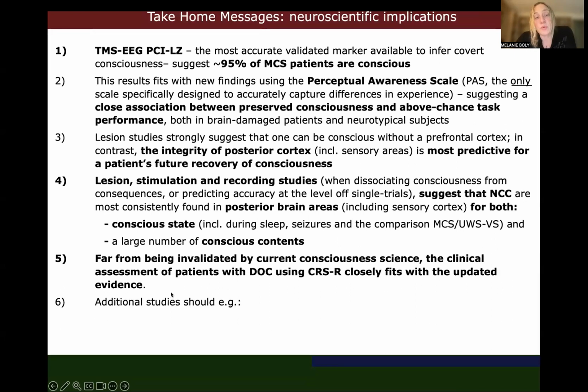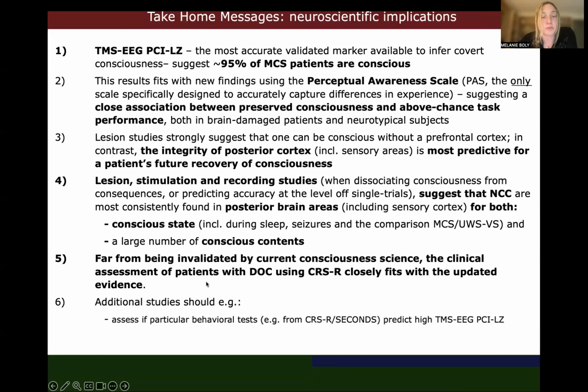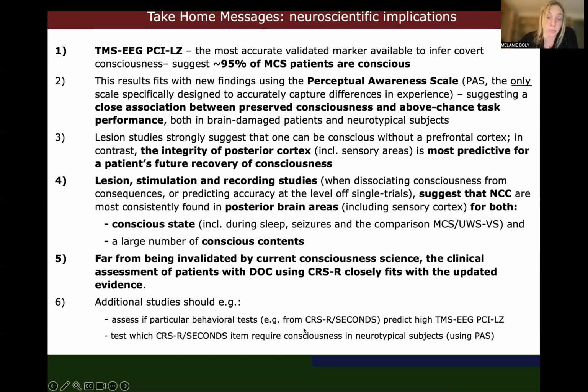And what we need to do is further look at these different kinds of behaviors in the Coma Recovery Scale and other scales to see which particular behaviors are most closely associated with markers like TMS-EEG, PCI, or also these Coma Recovery Scale items, which ones actually do require consciousness. Some of them are also present in neurotypical subjects.